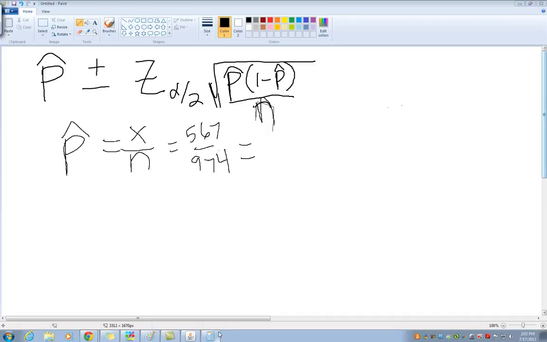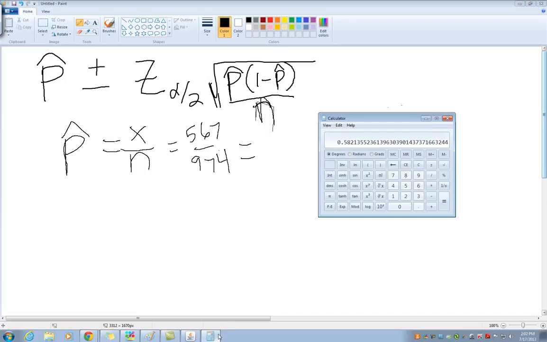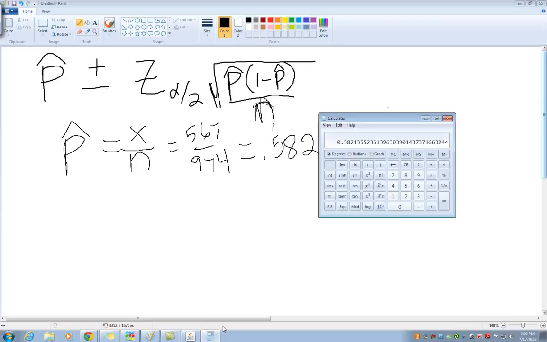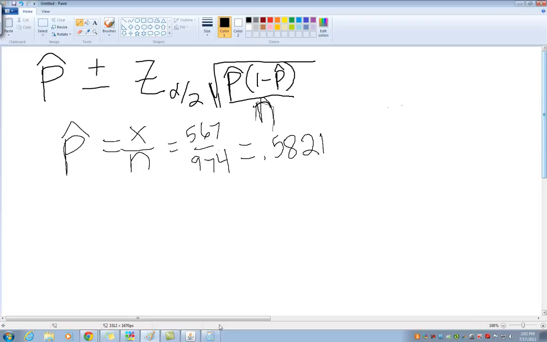We got 0.5821. And at the 5th decimal place, we have a 3, which is less than 5. So we stay at 1 in the last decimal place, not go up to 2. So that's rounded to 4 decimal places. There is our point estimate.